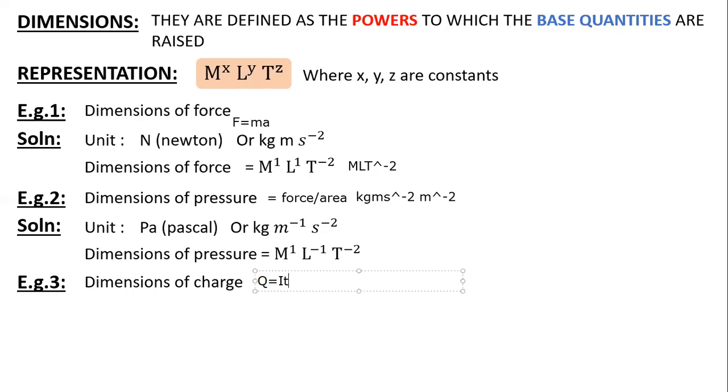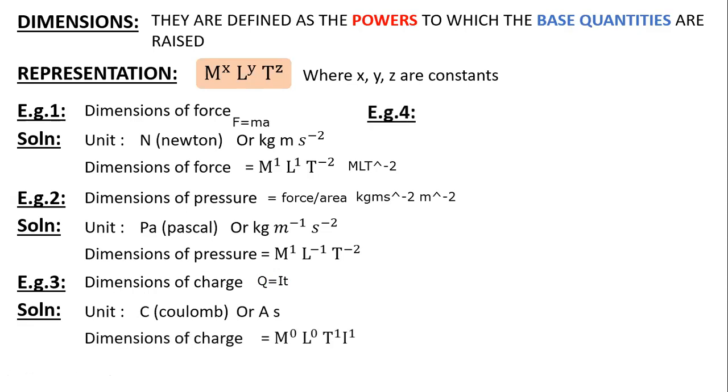It can be represented in your MLT representation. And for current, you use the letter capital A or capital I. Both you can use. So directly you get the unit as coulomb or ampere second. That is its unit. And the dimensions will be M0, L0, T1, I1. You can use the letter I for your current, or else you can also use the letter capital A. Both the representations are correct.